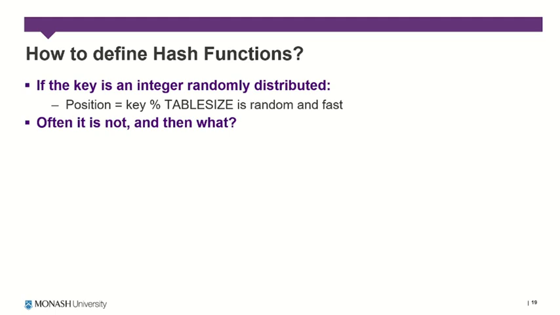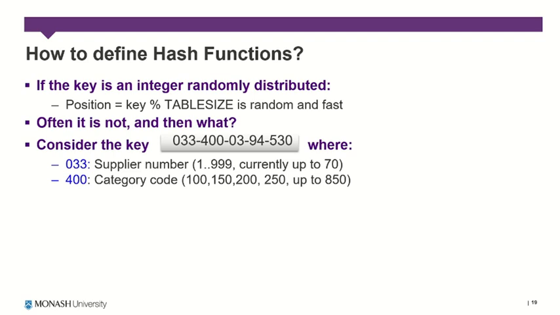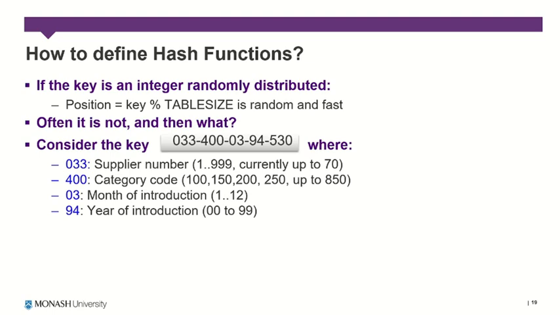However, generating the key may not be a trivial task. For example, consider a key with these different inputs. For example, 033 could be a supplier number, currently up to 70. We could have a category code, such as 100, 150, 200, 250, up to 850, the month of introduction, the year of introduction, and also a checksum of some of the other fields modulo 100, so that we just get it within 0 to 99.